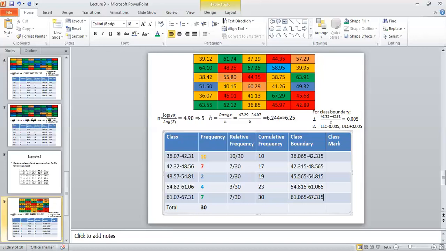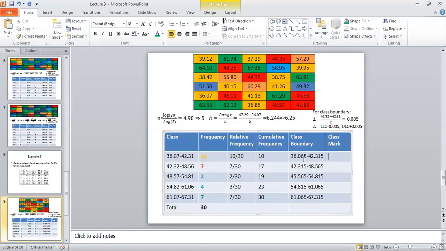So we can see that the number at which a class ends is the same number at which the next class begins. And this is the idea of the class boundary. Also note that, as in the previous examples, our data set was precise to 2 places after the decimal, and the class boundary is precise to 3 places.